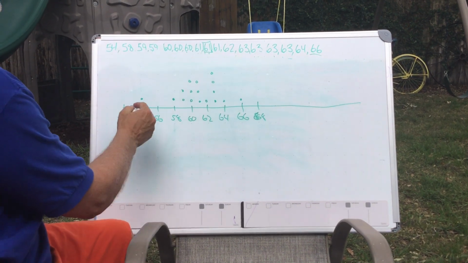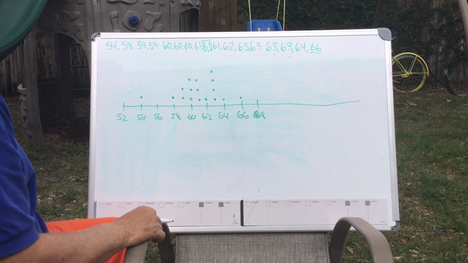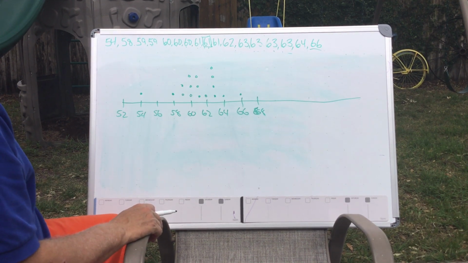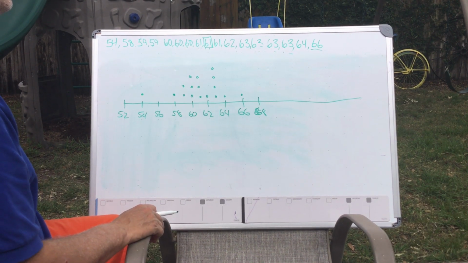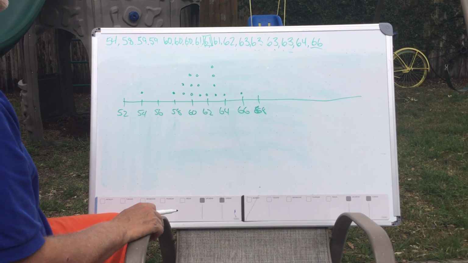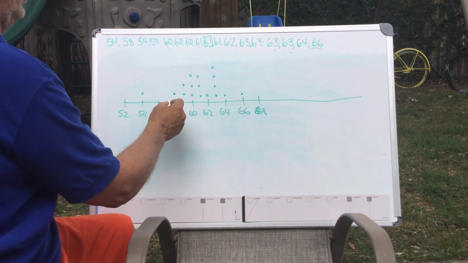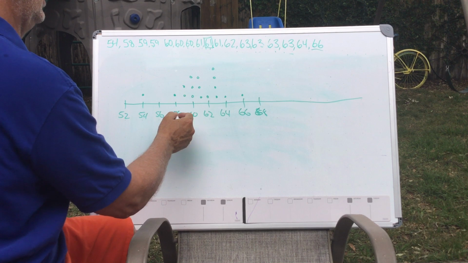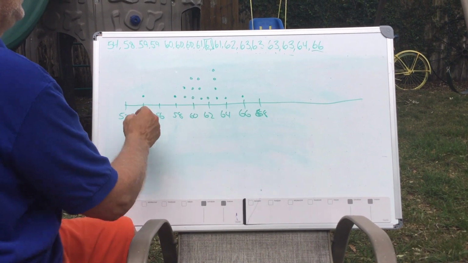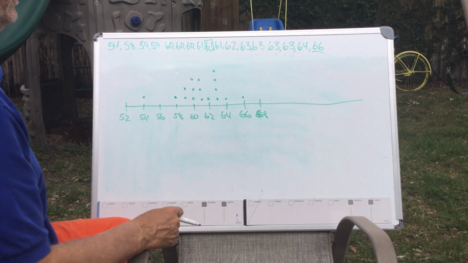So we do have a small outlier here, but it's not really enough to make a big difference in our data. But you can see 16 of my 17 numbers are between 58 and 66. So this is my 5-number summary.